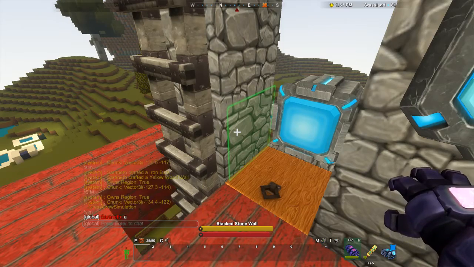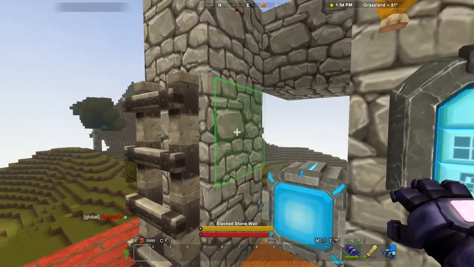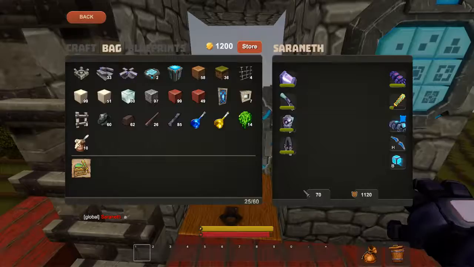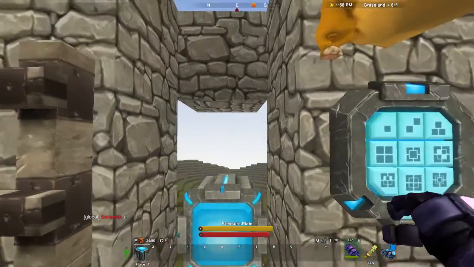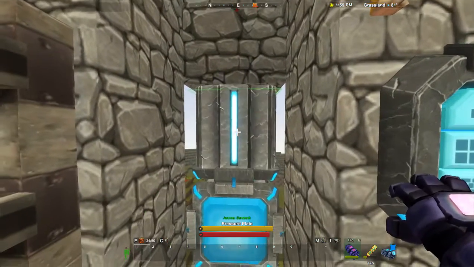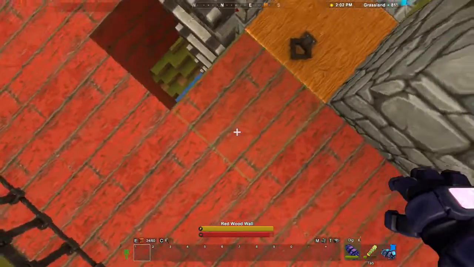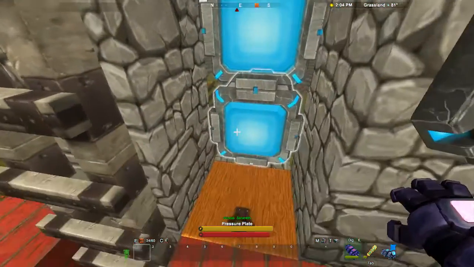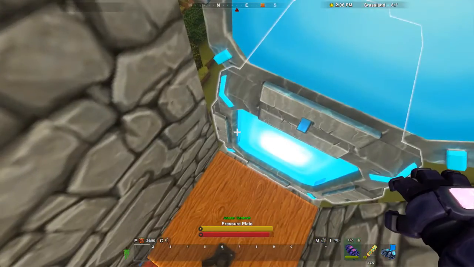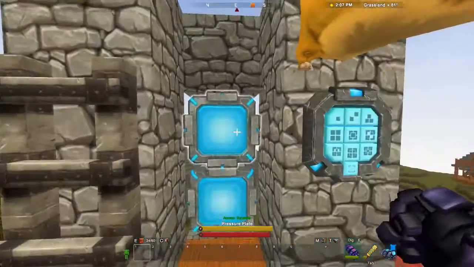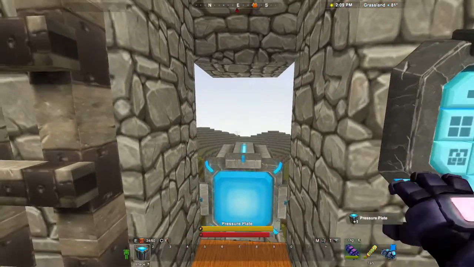That's actually two separate chunks in between these spaces. And if I take a pressure plate and put it at eye level when I am standing on one chunk but it's on another, this top one doesn't activate. So that may be something you keep in mind.